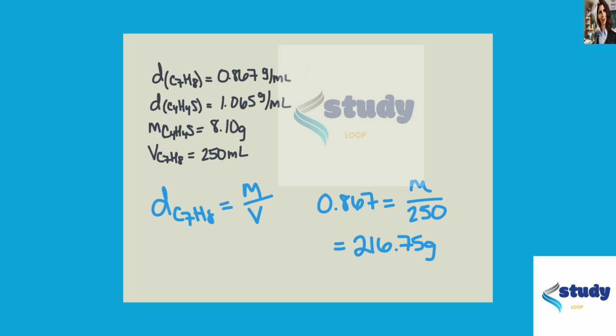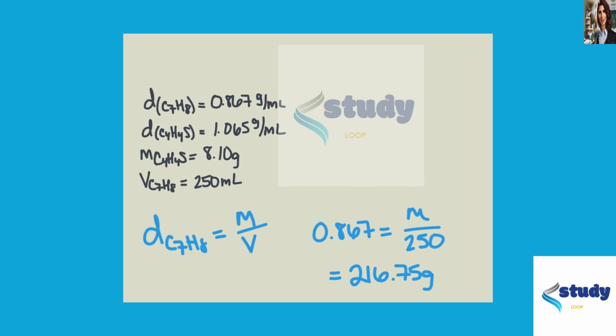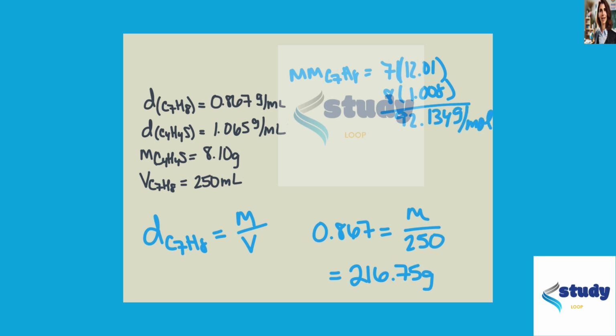The next thing we're going to want to do is find our molar masses for both of these substances. So our molar mass of C7H8 is going to be 7 times 12.01 plus 8 times 1.008, which gives us a total molar mass of 92.134 grams per mole.